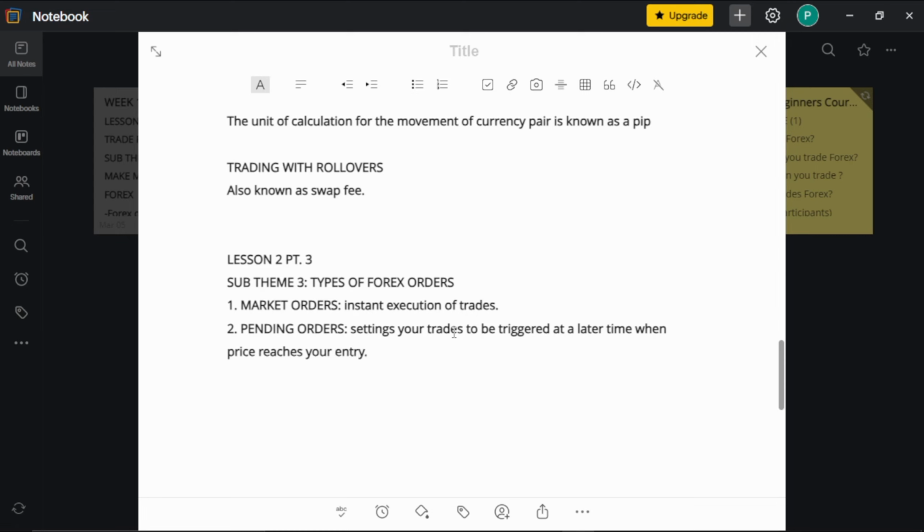Okay, so by market orders, instant execution of trades. Pending orders, you setting your trades to be triggered at a later time when price reaches your entry level.